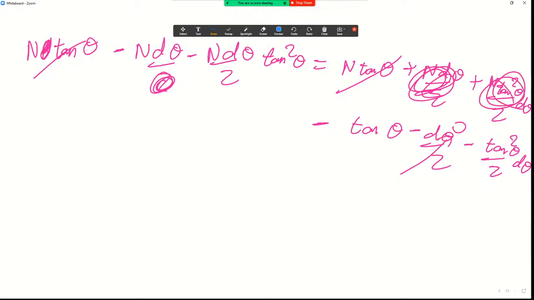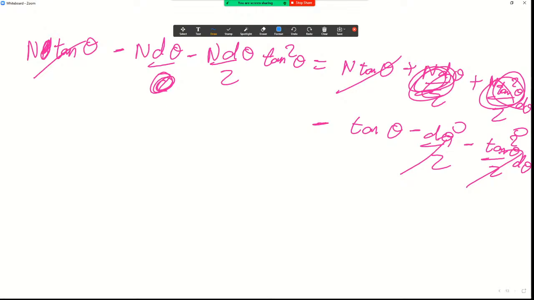This will tend to 0 as they don't have n, and as n is large and they have d theta which is small. Rest have either of them.